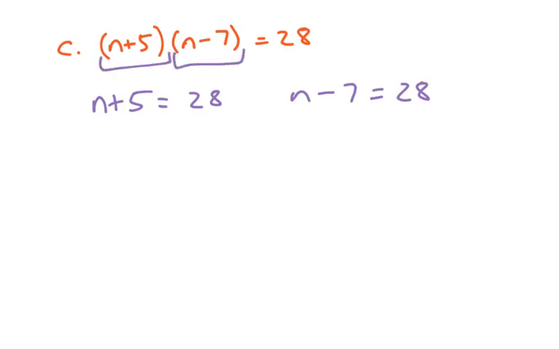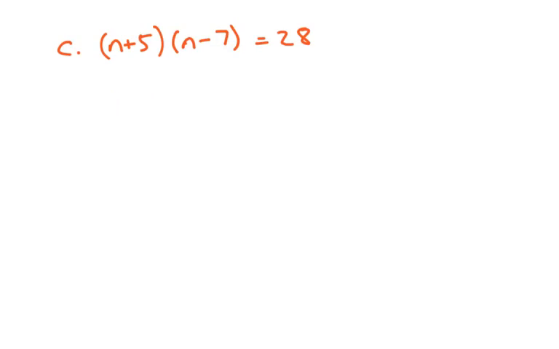But that's only true with 0. Like 28 times anything is not always going to give me 28, right? So be careful. This is where you want to make sure it's equal to 0. You want to make sure you understand what the zero factor property means.